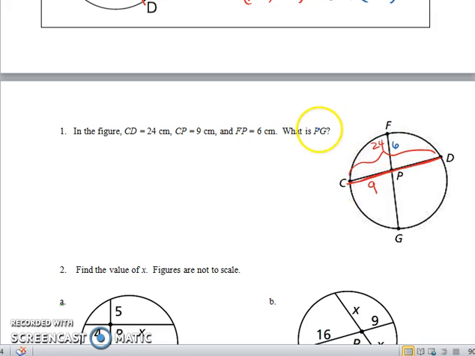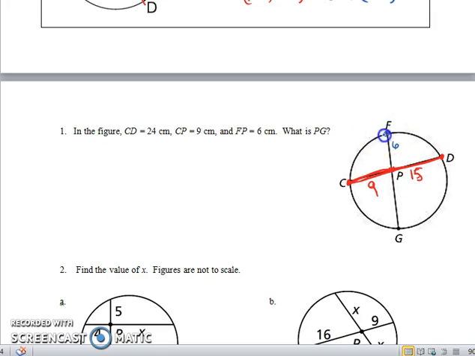Well, if I know the whole segment of CD is 24 and from C to P is 9, then I can figure out what P to D is pretty easily just by taking 24 and subtracting 9, which is 15. So now I don't need to have this 24 written above. So now I know that from C to P is 9 centimeters, and I know from P to D is 15 centimeters.